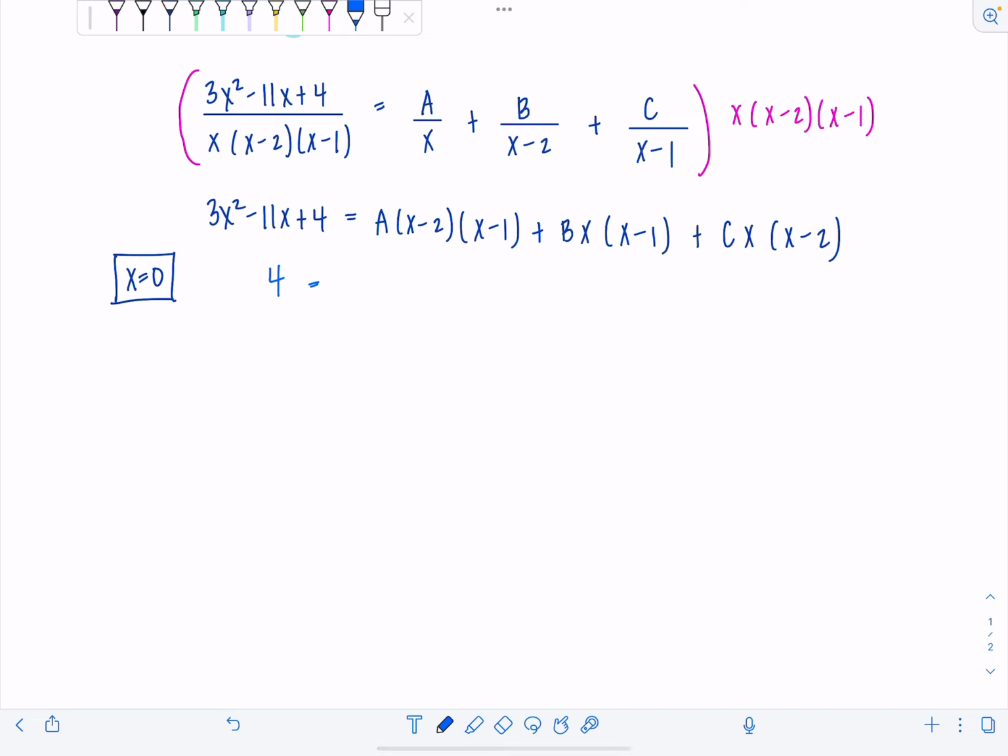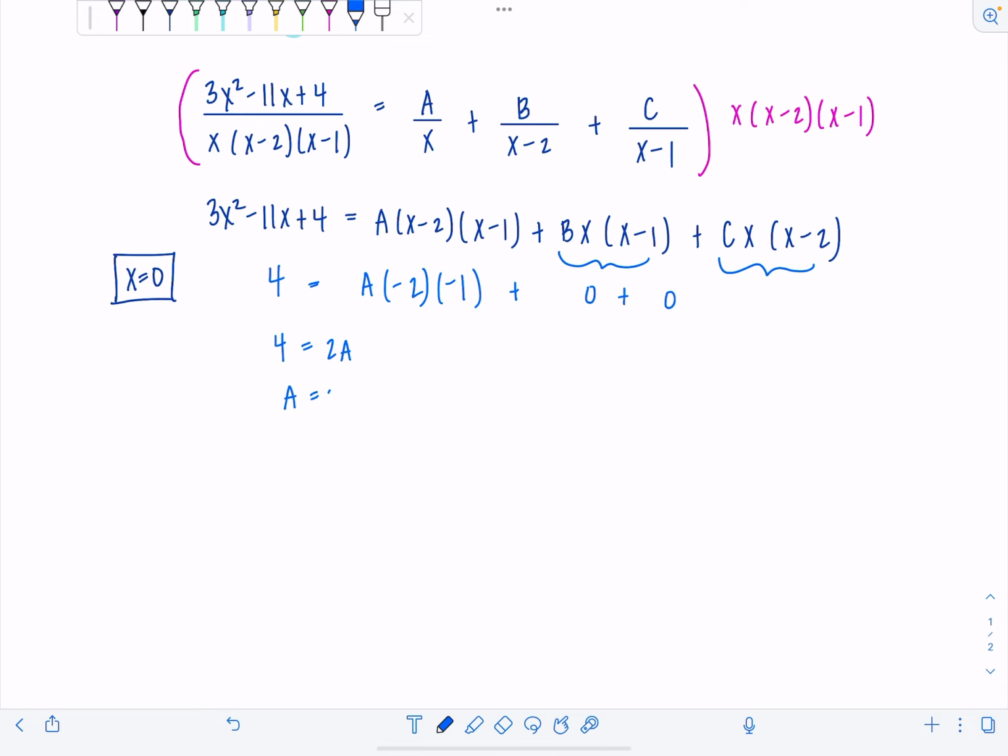All right, so if x is 0, on the left-hand side, we're just going to be left with a 4. And this is going to equal A times 0 minus 2, that's negative 2, times 0 minus 1, that's negative 1, plus this whole term's just going to be 0, plus this is 0. All right, so then if I simplify further, we have 4 is equal to 2A.